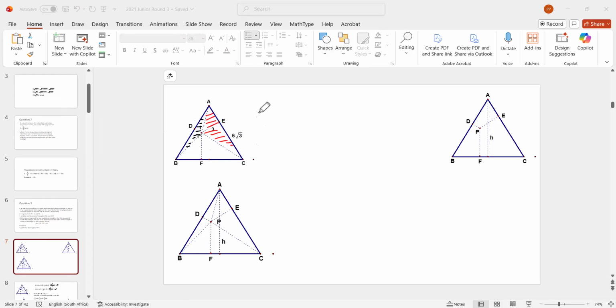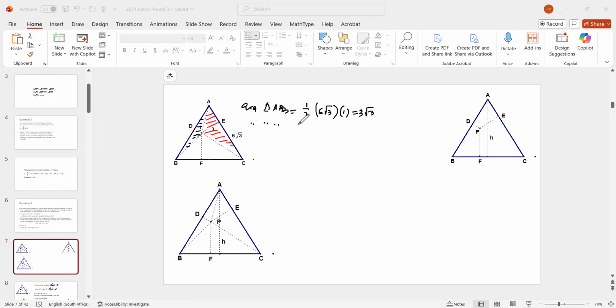So the area of APB, the black triangle, is equal to half base. It's given that all the sides are 6 root 3. So it's an equilateral triangle, and the height is given as 1. So that simplifies to 3 root 3. So it's a straightforward problem.